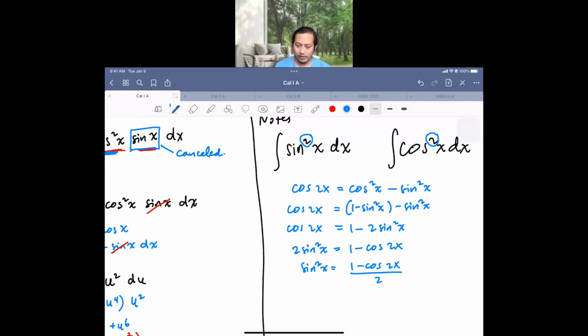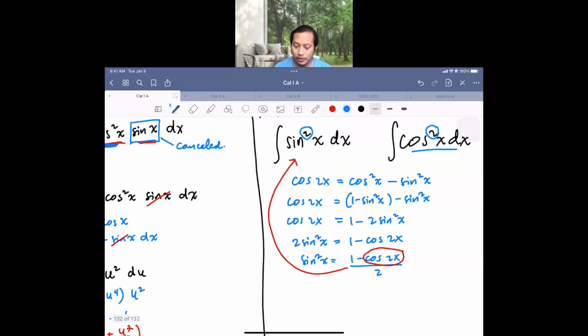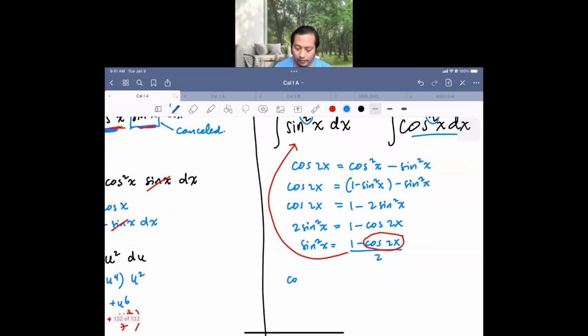So by doing this, we can integrate easily because we know the integration of cosine 2x, right? And in the same way we could do it for cosine squared x, and exchange the sign.